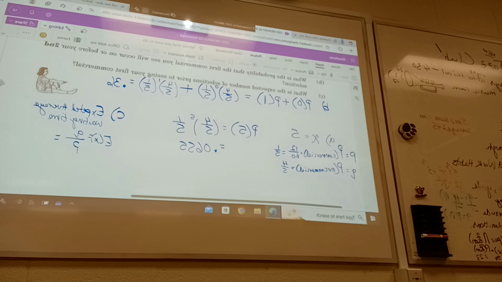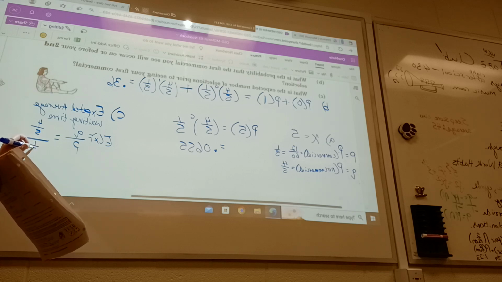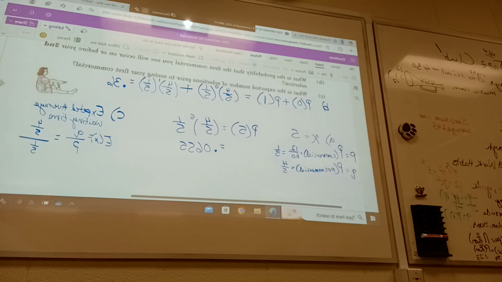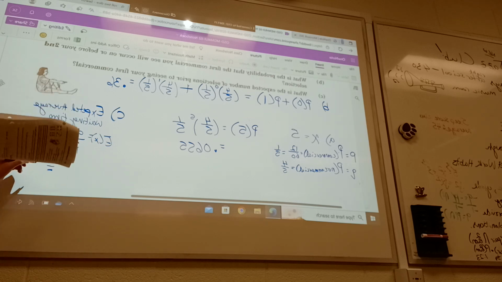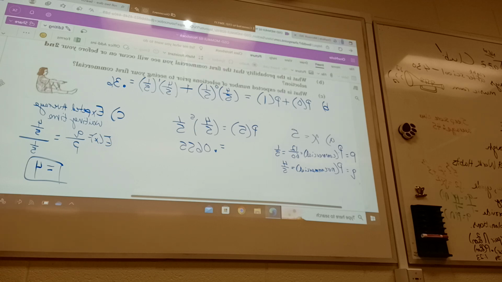Probability of a failure is 4/5, divided by the probability of a success, 1/5, because we're defining a success as landing on a commercial. So that would be just 4. 4 channel flips before getting to the first commercial, or on average we'd get to the commercial on the 5th selection.